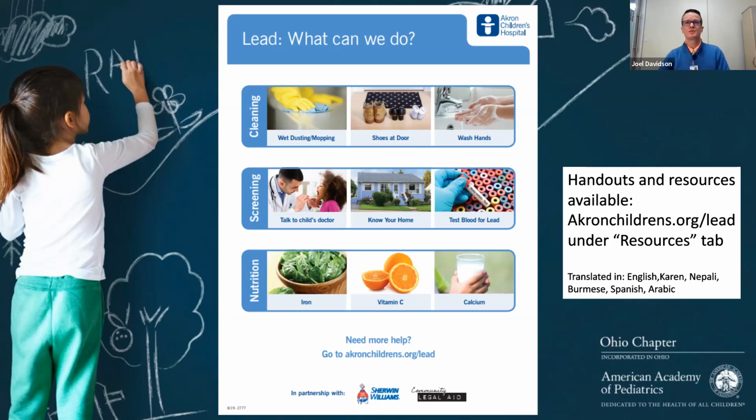Knowing your home is a very broad term, but the curriculum is designed to explore some of the specifics with that. But knowing if your home is actually at risk, maybe not just your home, but a home that the kid spends time in. A lot of kids spend time with aunts and uncles, babysitters, grandparents. All of those places should be considered as potential sources.